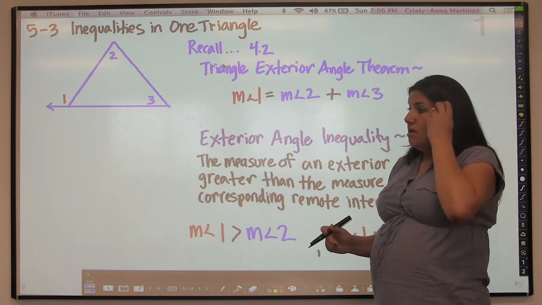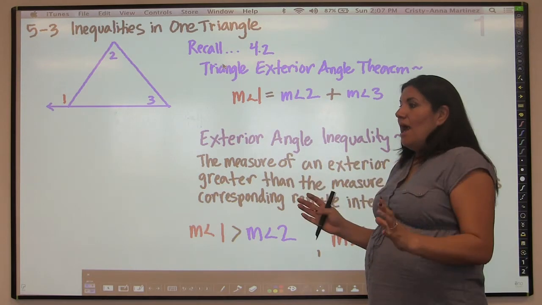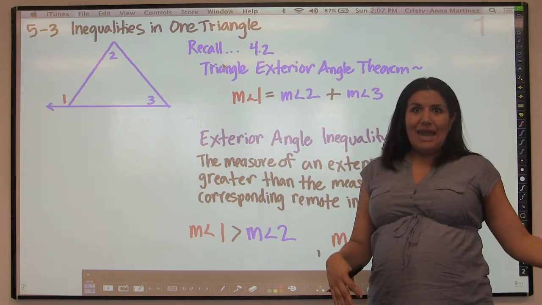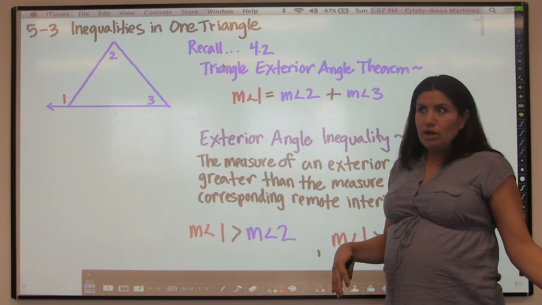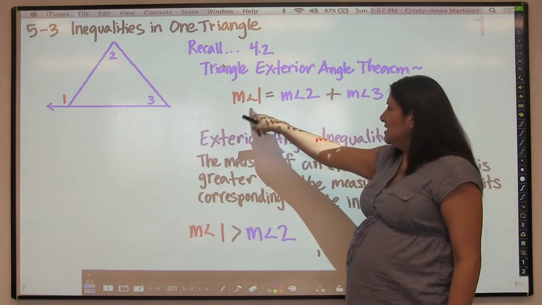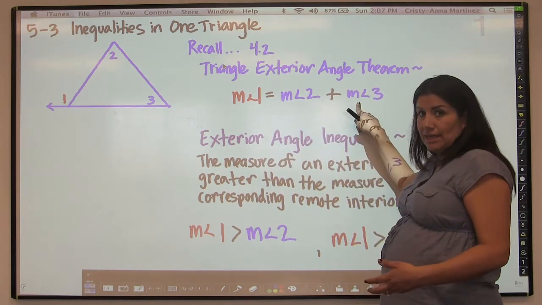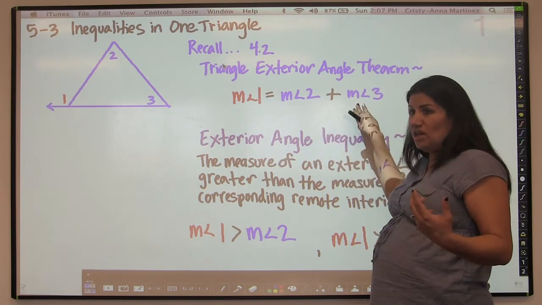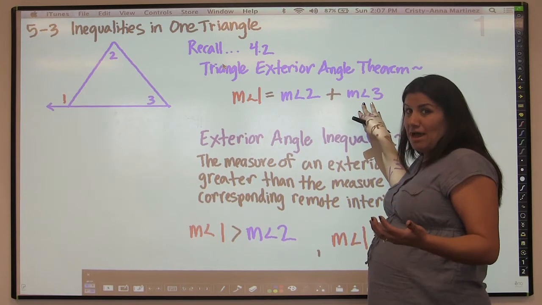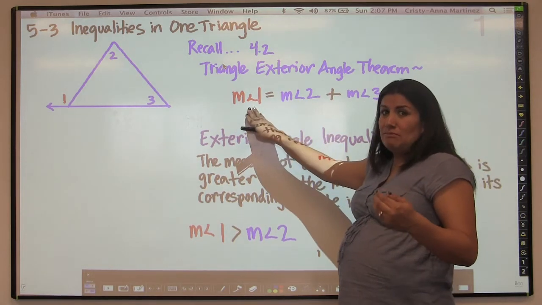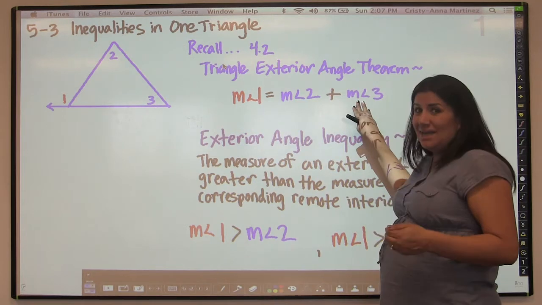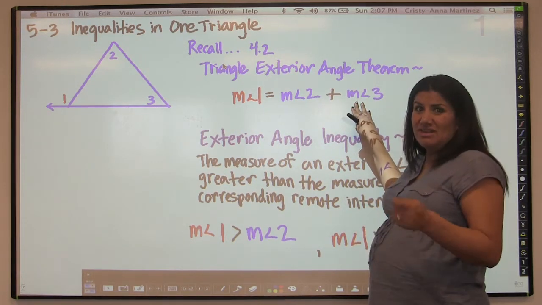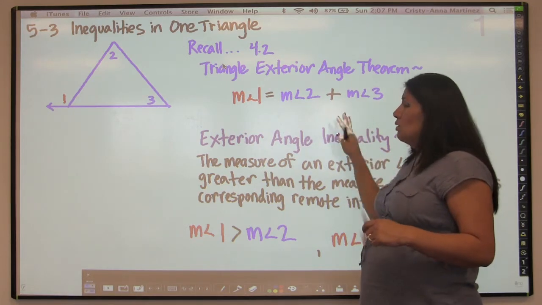It's like saying that Isaac has $30, and Ben and Kate combined also have $30. So Isaac equals Ben and Kate combined. We don't know what Kate and Ben have individually. It could be 10 and 20, or 15 and 15, but it doesn't matter. If Isaac has the same amount of money as them combined, then obviously Isaac has more money than Ben by himself, and more money than Kate by herself. That's basically what the theorem is saying.